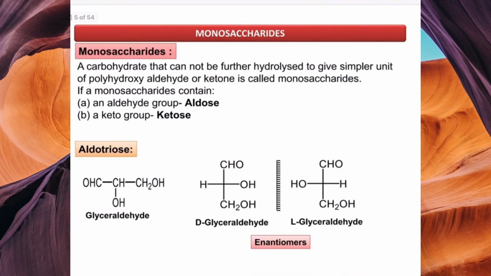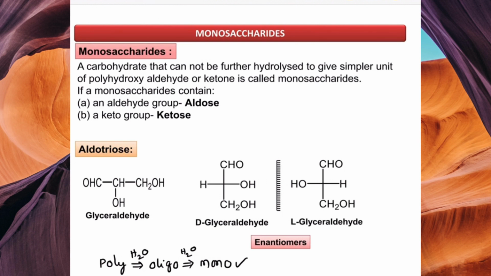Now let us discuss one by one based on hydrolysis. Carbohydrates are classified into polysaccharides, oligosaccharides, and monosaccharides. Polysaccharides on hydrolysis give oligosaccharides, and oligosaccharides on hydrolysis give monosaccharides.